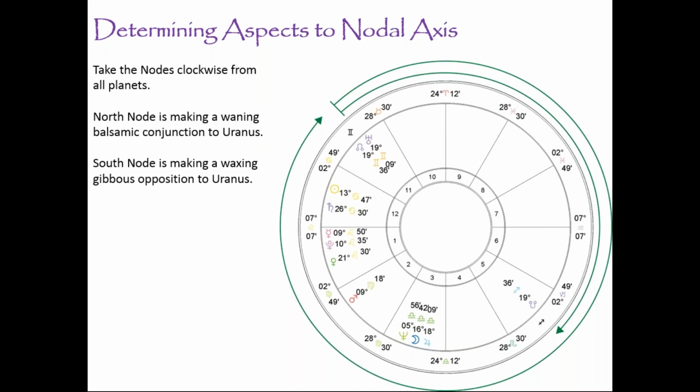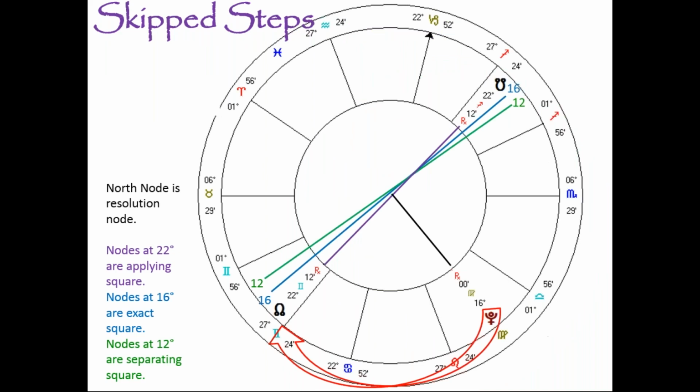I go 0 to 90, 90 to 180, and then I do a math review. If the math is confusing, you can search cycle of phases and aspects math review, and I go into detail with that for you.